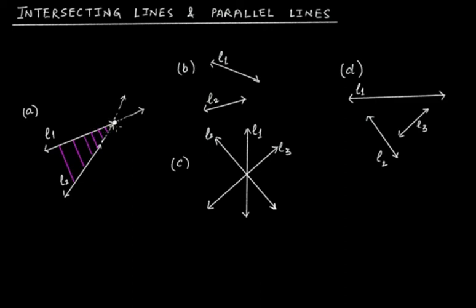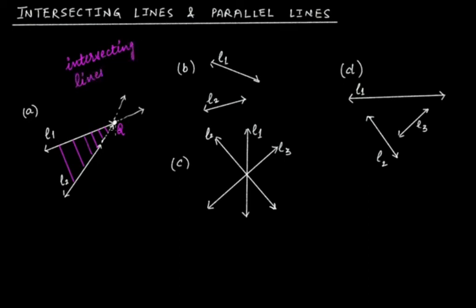Let's say this point is Q. At this point Q, the distance between these two lines is 0, is nil, because they intersect at this point. Therefore, these lines are intersecting lines.